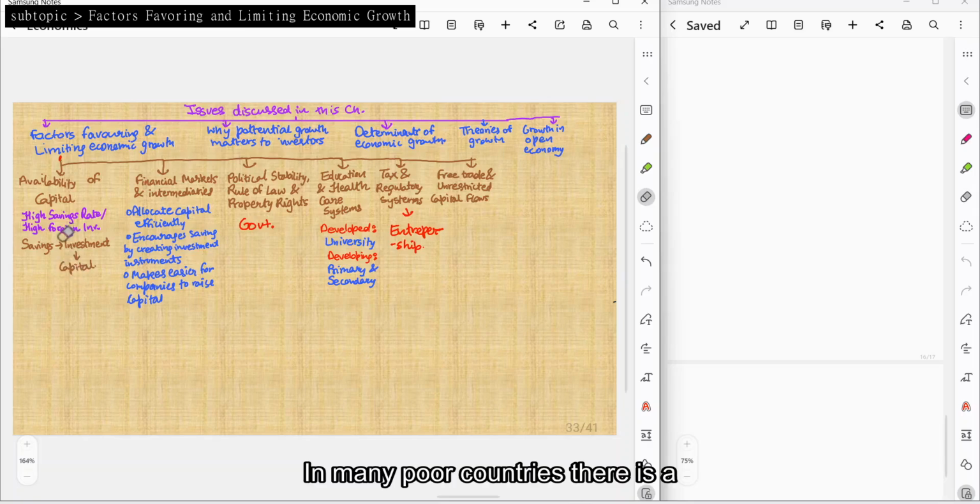In many poor countries, there is a vicious cycle where savings rate is low. That's why there are fewer investments and the capital is low, which results in lesser output, which in turn results in lesser savings. So that's how there is a vicious cycle.